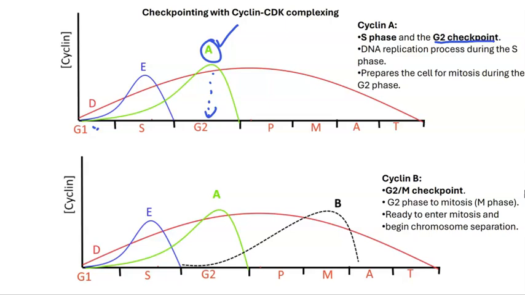So if you remember what the G2 does, in G2, the cell has already done its S phase, it's already done its DNA replication, and now what it's going to do is it's going to do its organelle replication in preparation for the phases of mitosis itself. So this is a G2 checkpoint, the function of cyclin A.